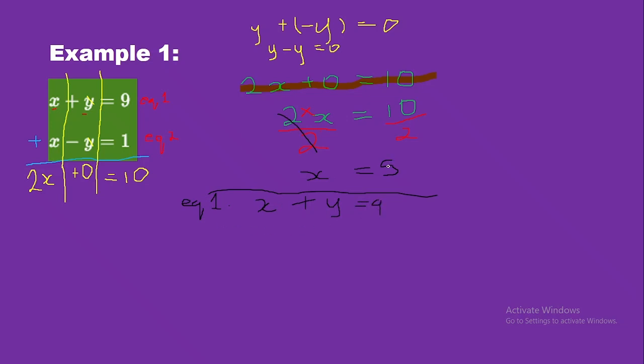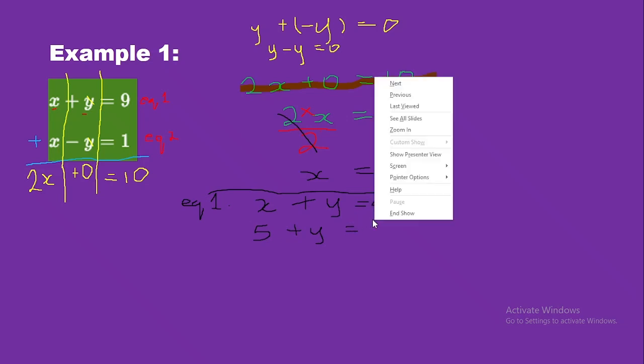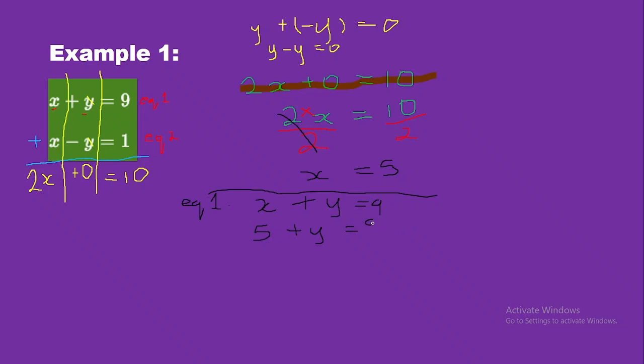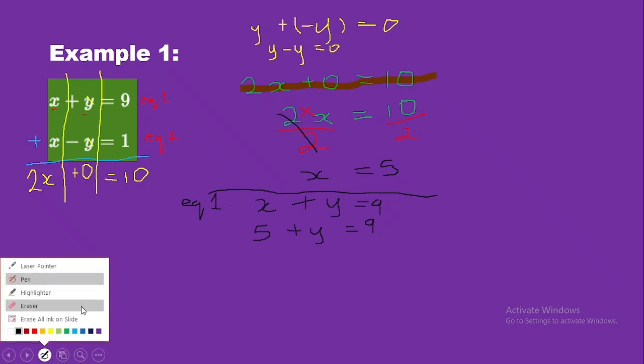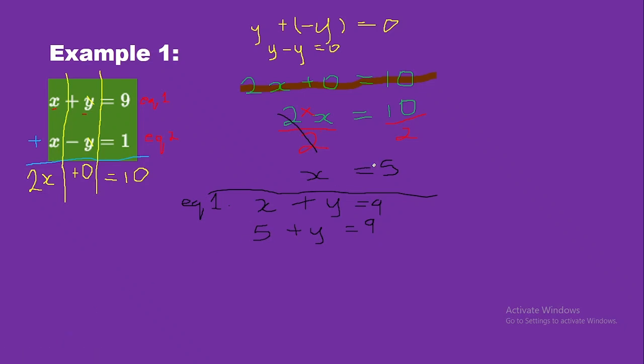So now we know what x is. x is 5, so that's going to be 5 plus y is equal to 9. Now that we have this equation after plugging in our 5, let me draw a quick little arrow so that persons who are not seeing what's going on can see.